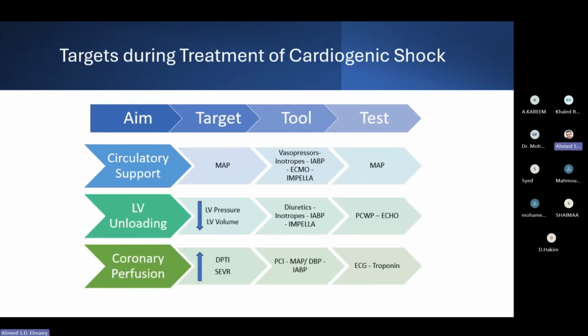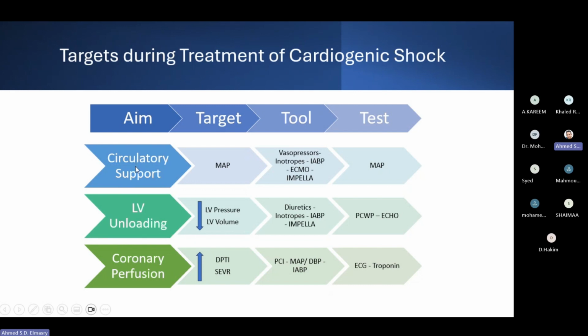And if we have a patient with cardiogenic shock, what is the aim of treatment? You have to maintain the circulatory support, unload the left ventricle, and also maintain the coronary perfusion.